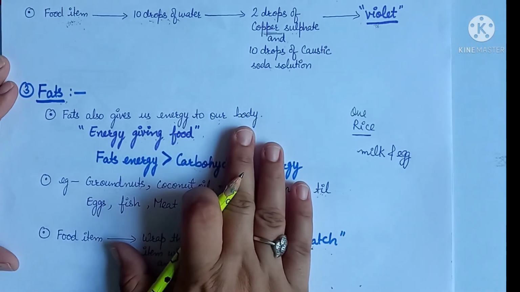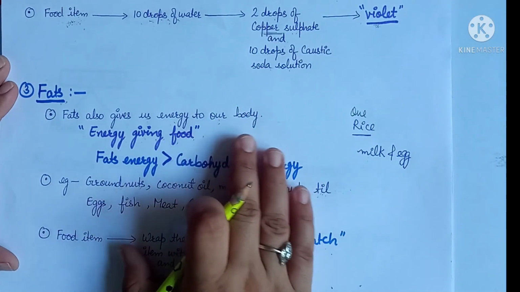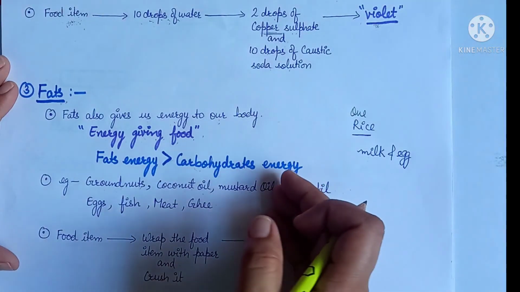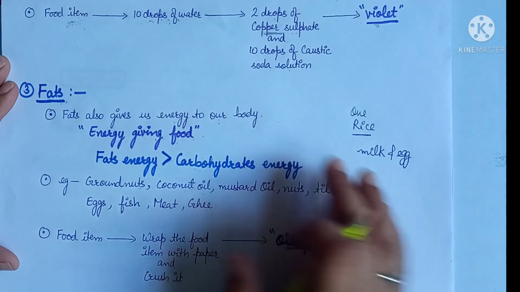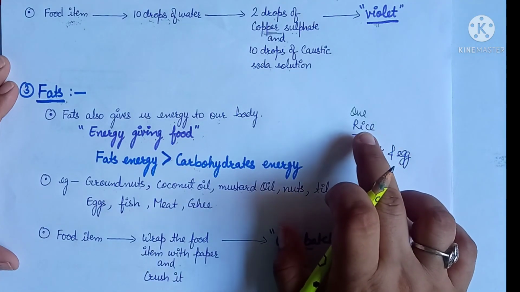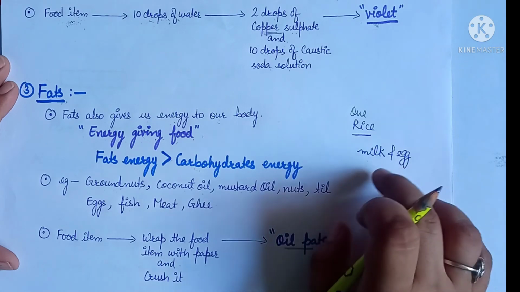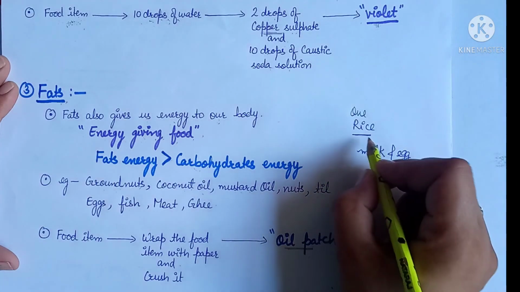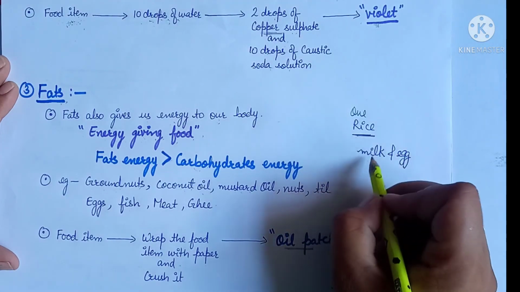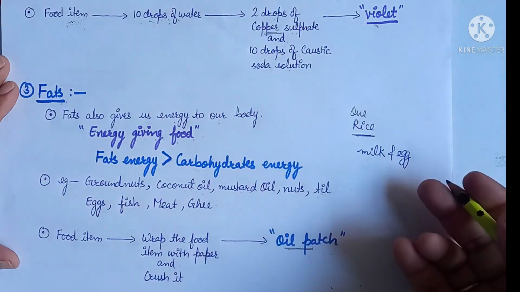If you know the answer, please write down in the comment section. If you don't know the answer, watch my next video to get the answer. One more question for you is, tell me rice, milk and egg are examples of which nutrients?